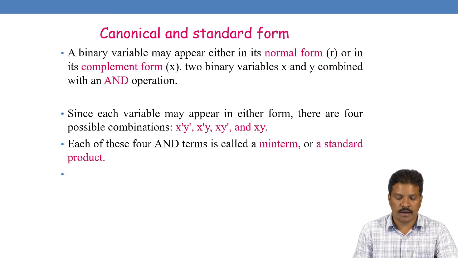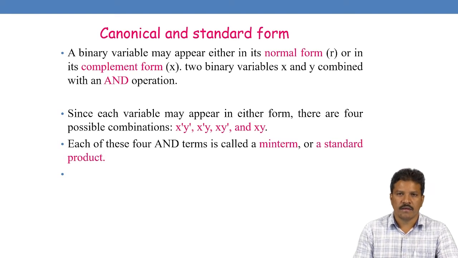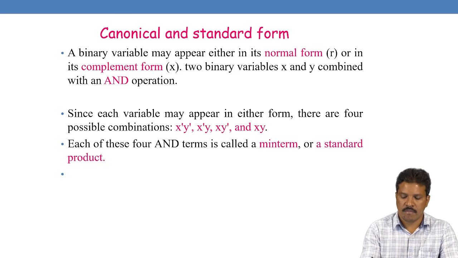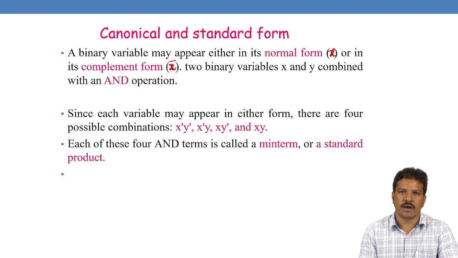Next, coming to canonical and standard form of Boolean functions. A binary variable may appear either in its normal form, for example a variable x, or in its complemented form, x bar, or y bar.